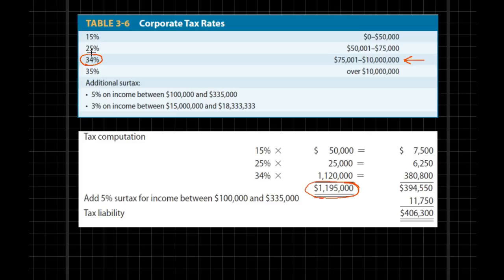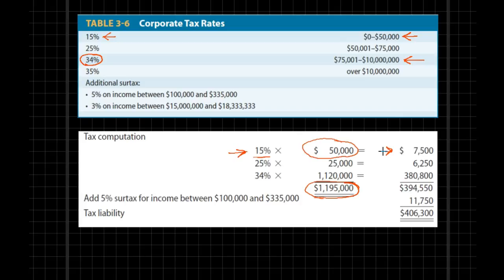Because we have a progressive tax system here, what this table tells you is that the first $50,000 of your income should be taxed at 15%. And that's what I do underneath. So the first $50,000 of our income is taxed at 15%. And for that reason, I multiply these two numbers and I come to that $7,500 figure.